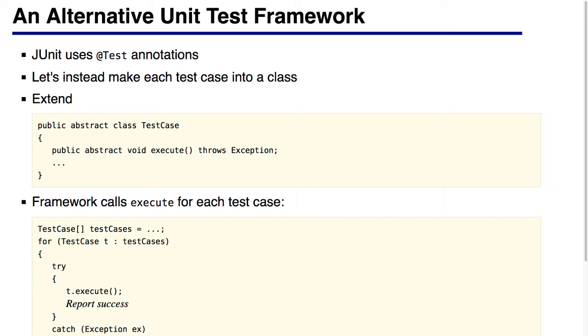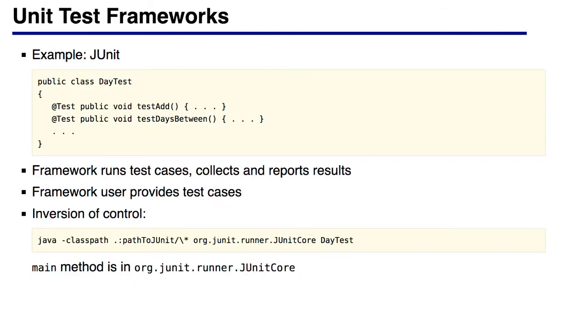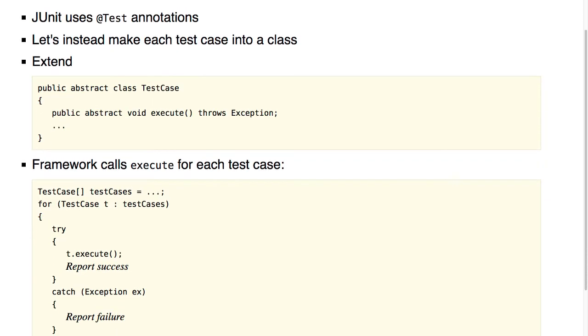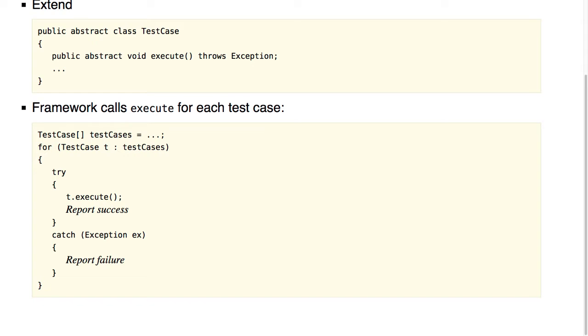So every test case sits in a class that extends this abstract class, and it's put into this execute method. That way, my framework will know how to call the method. It's always called execute. Whereas over here, JUnit had to do the thing of going through this class and somehow finding the annotation, which we don't know how to do. So here's my test runner. This is a part of my framework where I have an array of test cases.